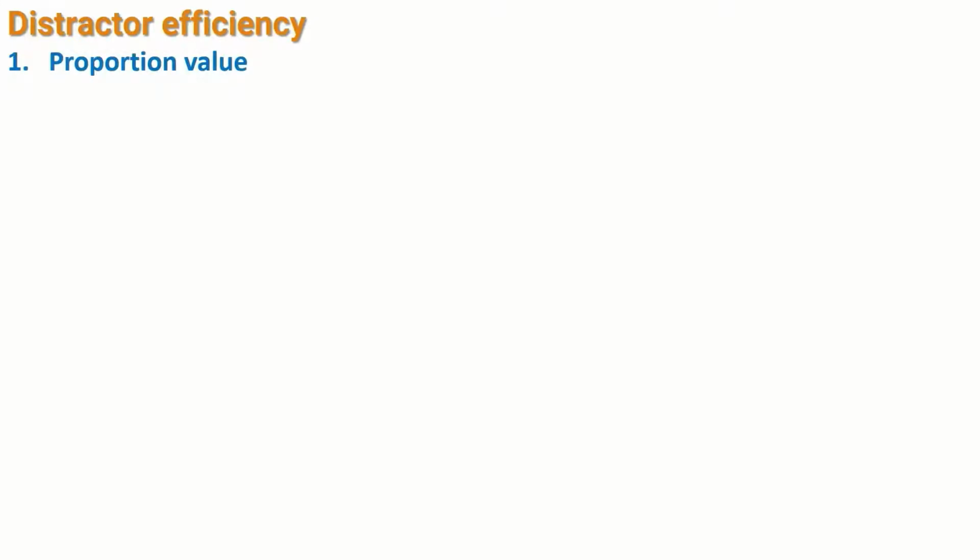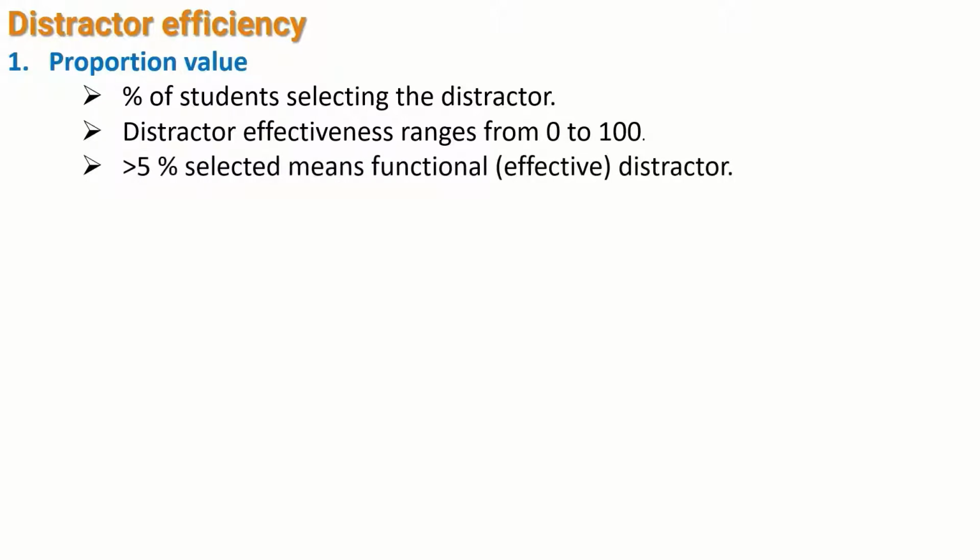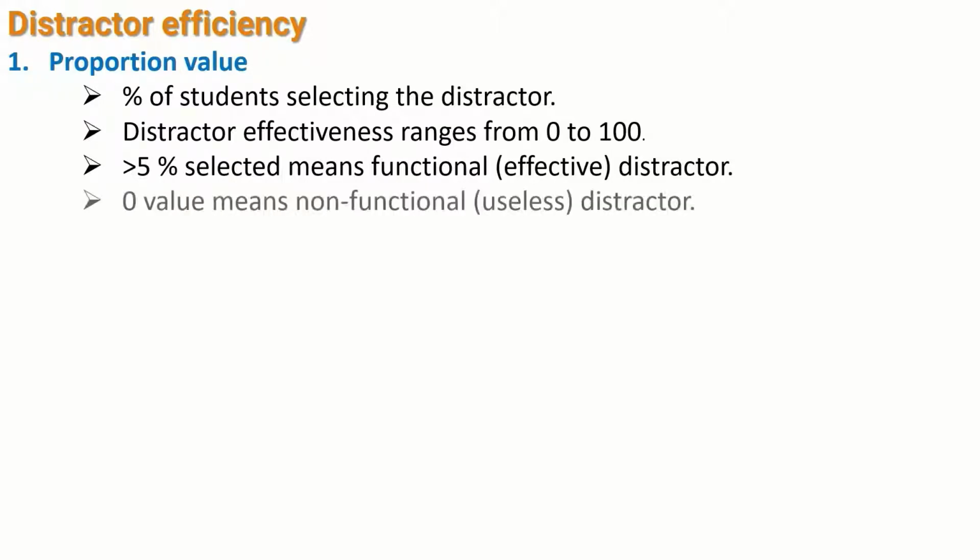So in the proportion value test, the percentage of the students selecting the distractor is calculated, and the distractor effectiveness has a range from 0 to 100%. A distractor that has been selected by more than 5% of the students is a functional, effective distractor.